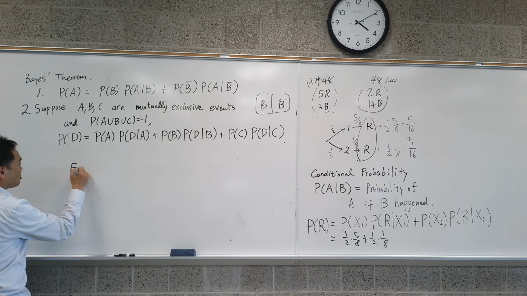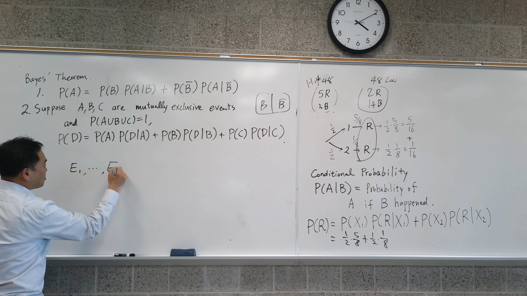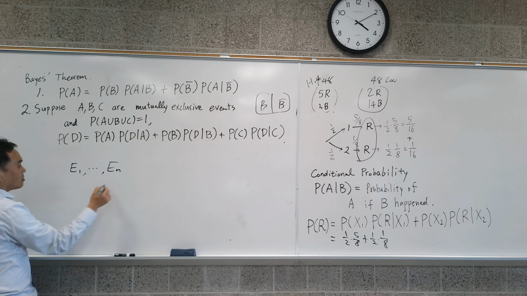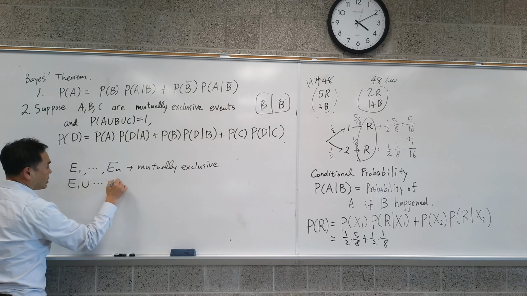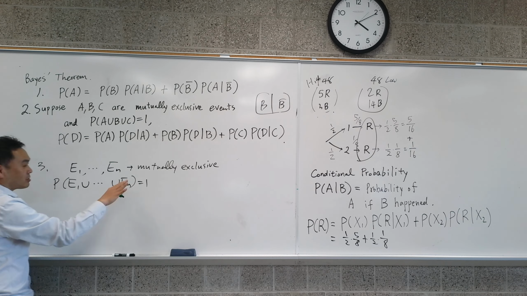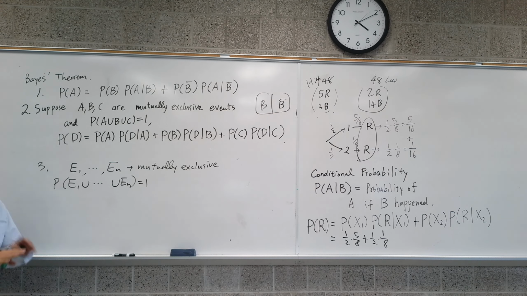And then you can see that this can be further done. If you have E1 through En mutually exclusive events, and let's say E1 union through En has probability 1, so this captures all the possibilities, right?